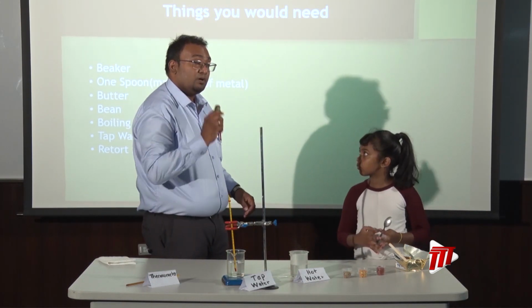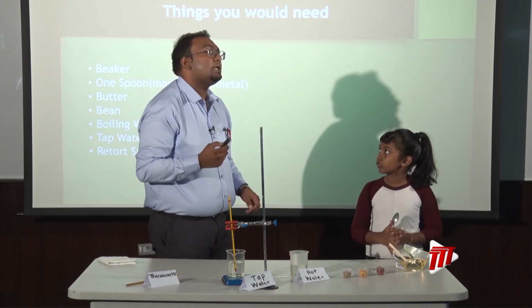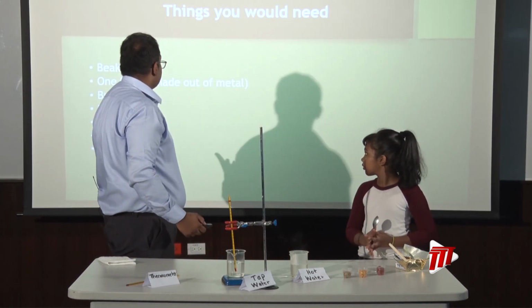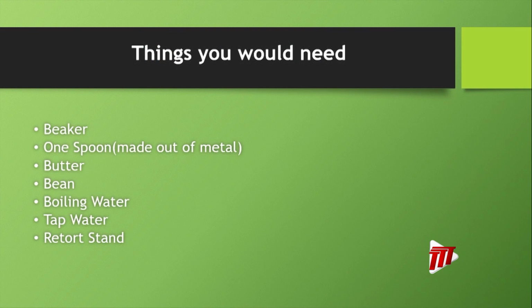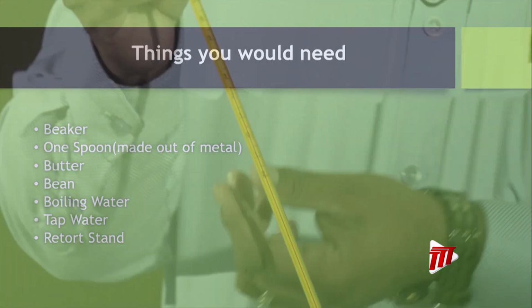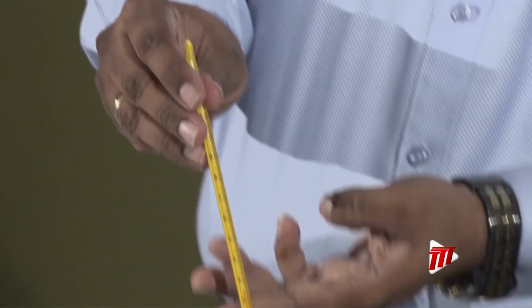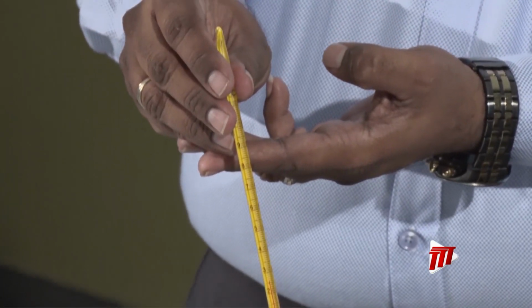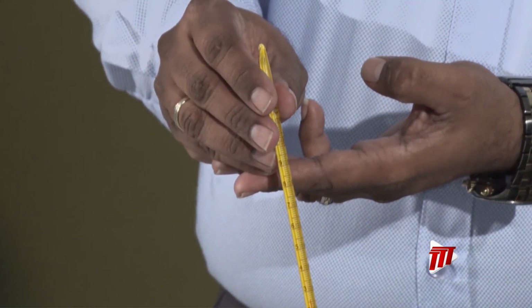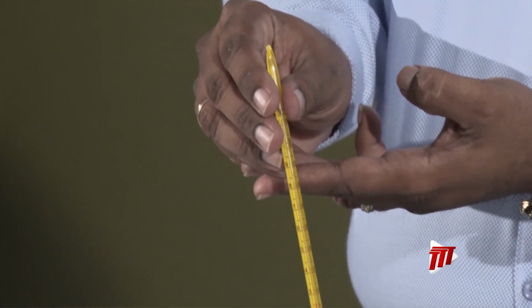We have something which you may or may not use called a retort stand. When I'm measuring temperature, I could simply, as we mentioned before, hold the top and hold the thermometer into whatever I am measuring until I get my reading.